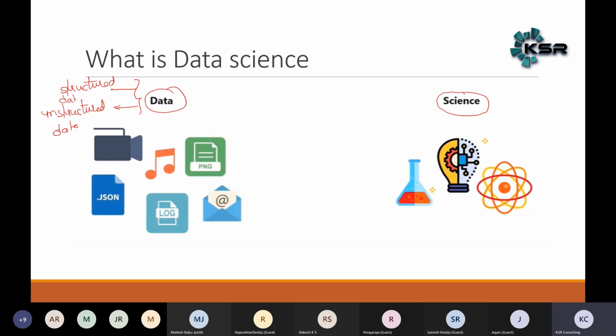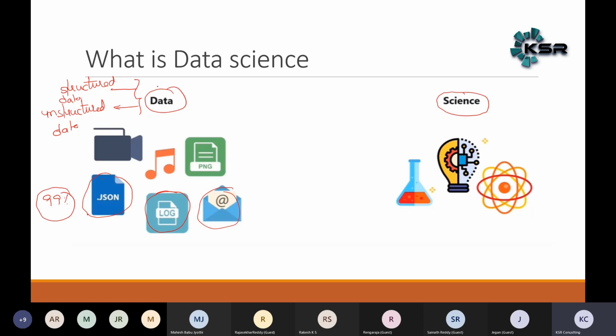What do you mean by structured and unstructured data? Data can be a combination of, for example, audio, video, image (PNG is nothing but an image), JSON files, website files. 99% of website data is stored in JSON format, like Twitter data, Facebook data, Google data. Weblogs are basically log files. Emails and all of this come under data.